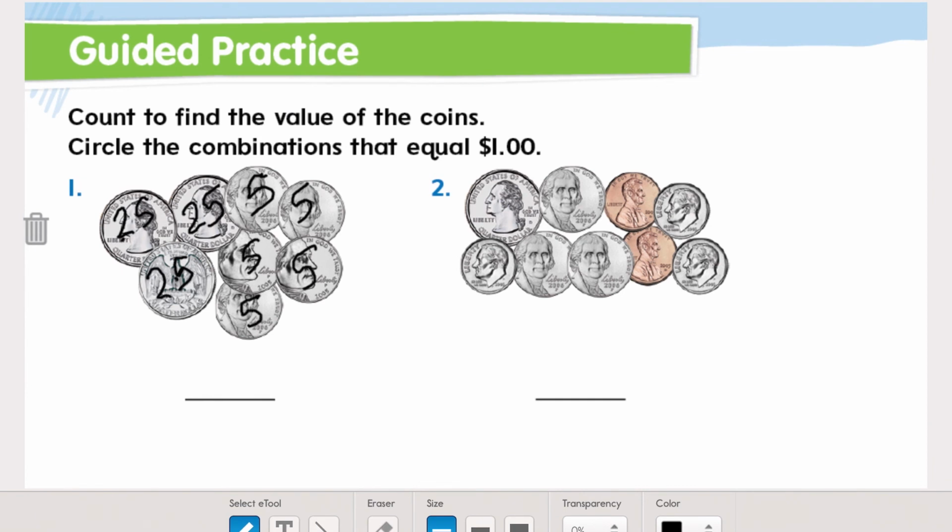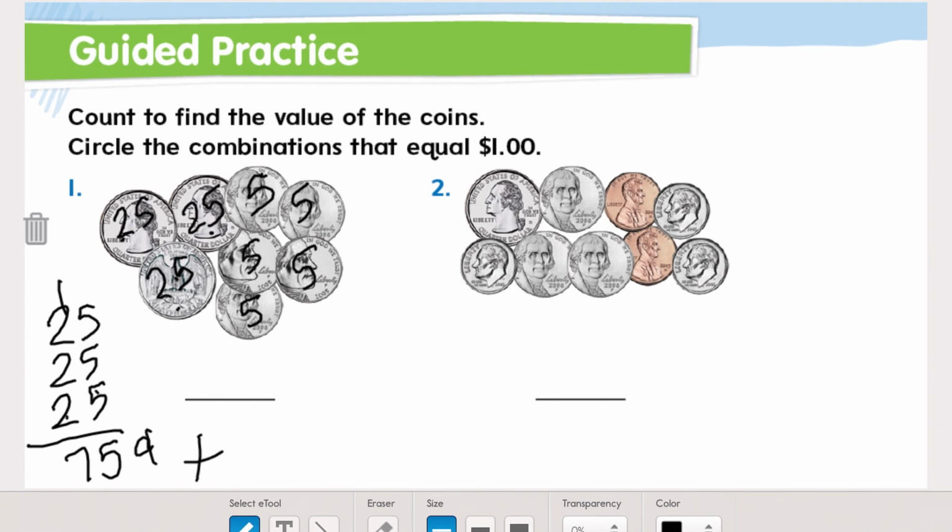So 25, 50, 75. If you're not sure, you can always line up the numbers 5, 10, 15, 2, 4, 6, 7. So that gives us 75 cents, and then we need to add our nickels, 5, 10, 15, 20, 25, so 75 plus 25. 5 plus 5 is 10, 7, 8, 9, 10.